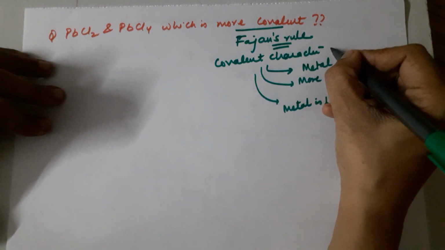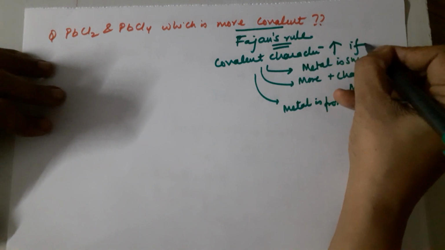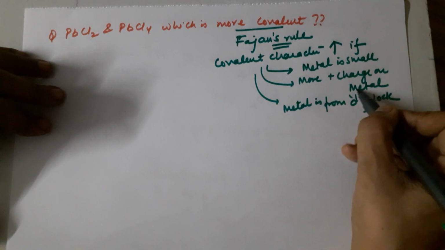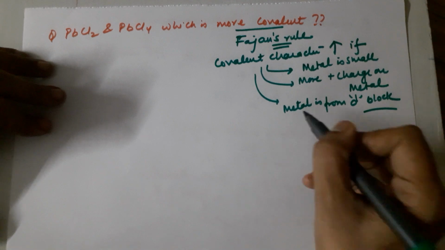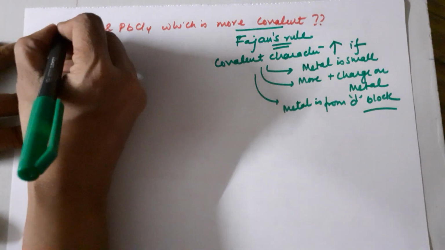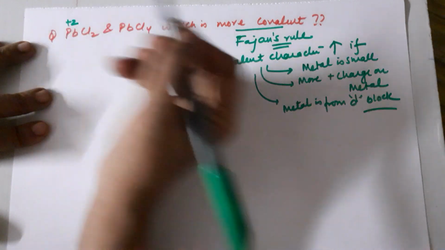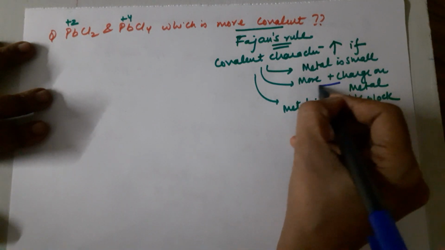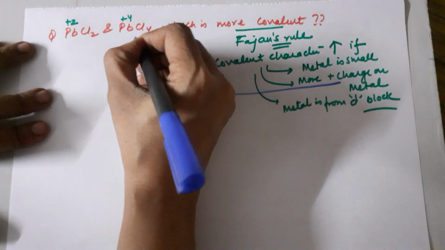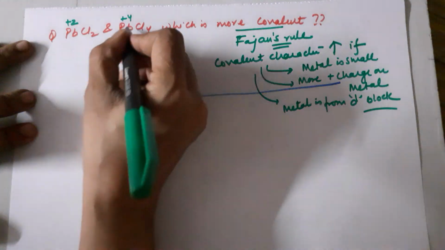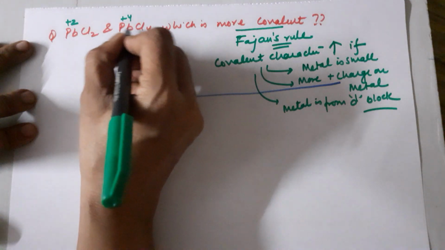The covalent character is found to increase if the metal is small in size, there is more positive charge on the metal, and the metal is from the d block of elements. Now, in these two cases, lead has got a +2 charge here, whereas it has a +4 charge here. So, as just said, more positive charge shows a greater covalent character. Due to more positive charge, it would show a covalent character.